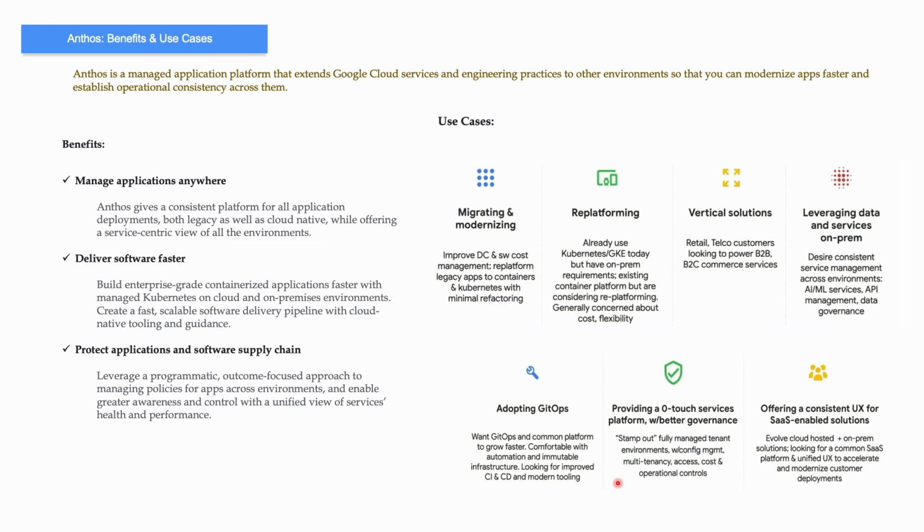Offering a consistent UX for SaaS-enabled solutions. Because it supports a lot of tools from marketplace, and at the same time it supports a lot of different types of applications which are run, Anthos provides a unified, consistent UX. So evolve cloud-hosted plus on-prem solutions, looking for a common SaaS platform and unified UX to accelerate and modernize customer deployment.